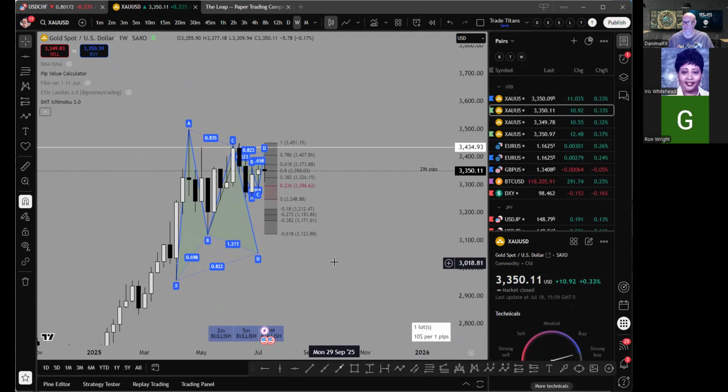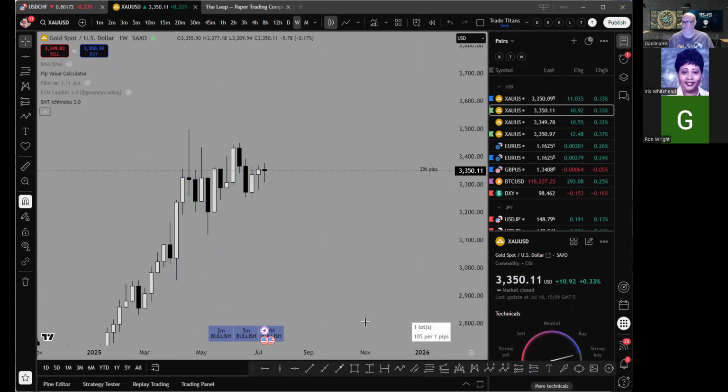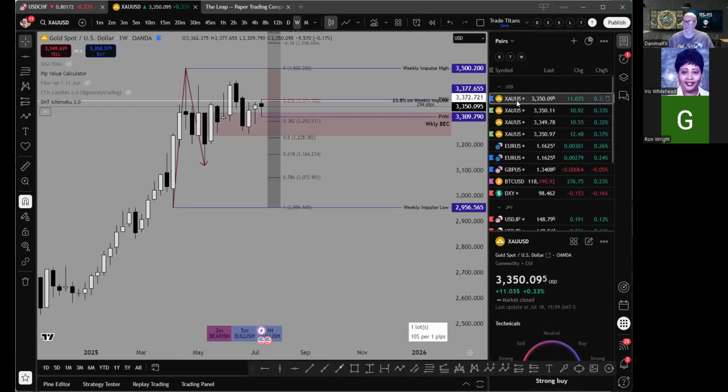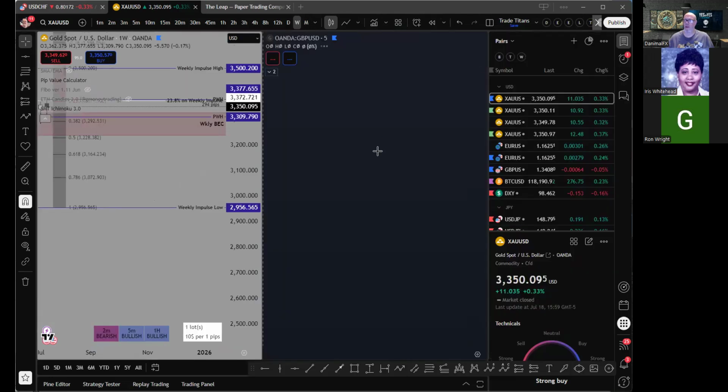Let me clear this out. So it doesn't matter what chart you look at, and they're pretty close. There's really not much of a difference. Now let me put those side by side. We can take a look at them. Templates. There we go. Side by side.